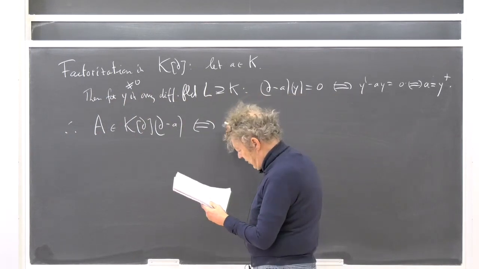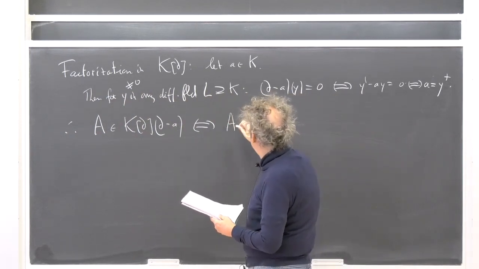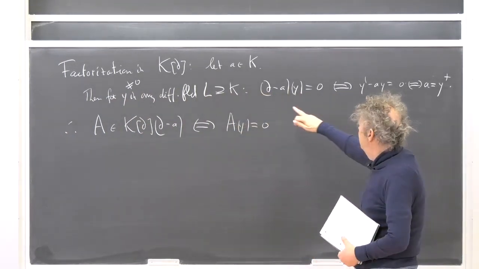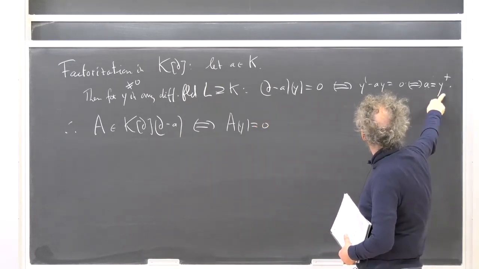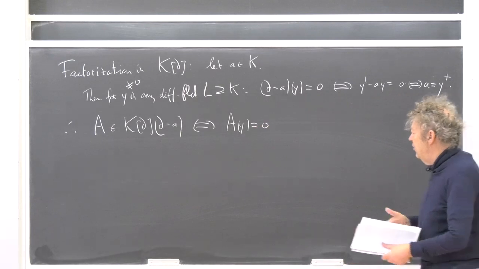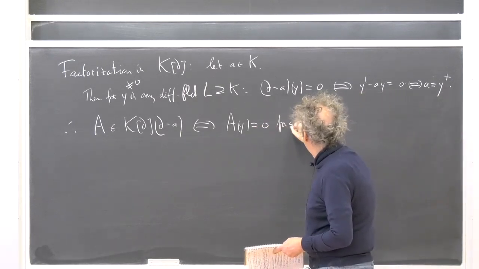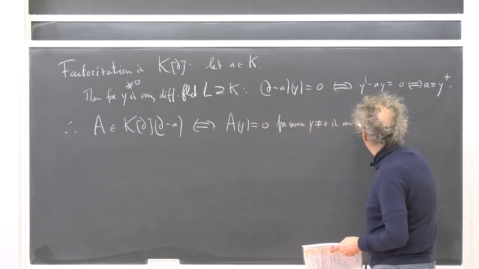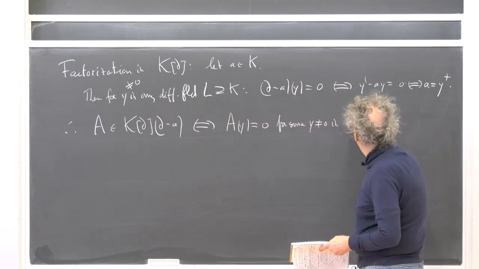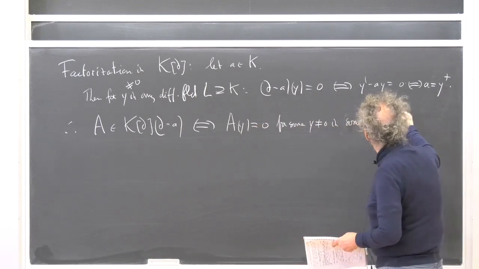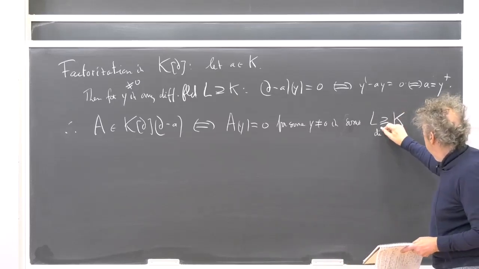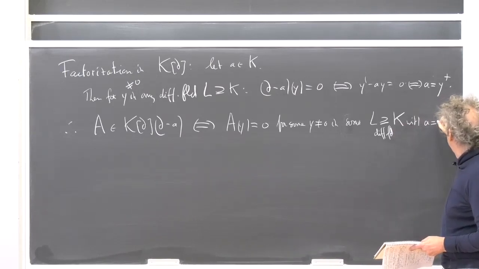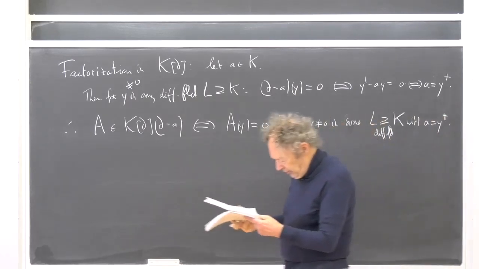Using this fact, one can easily show that this is equivalent to the operator vanishing for an element y non-zero in some differential field extension L containing K, with A equals y dagger.